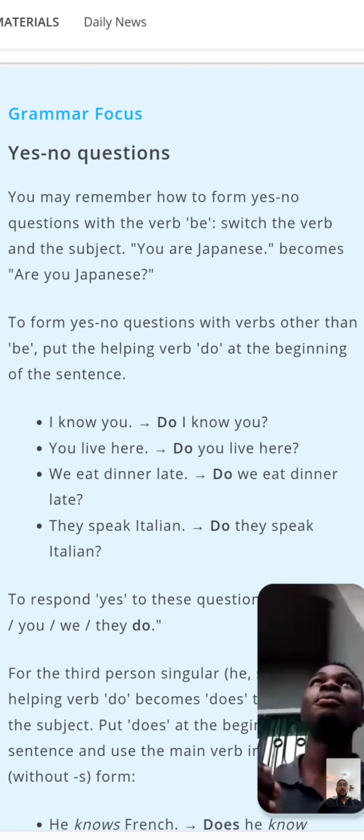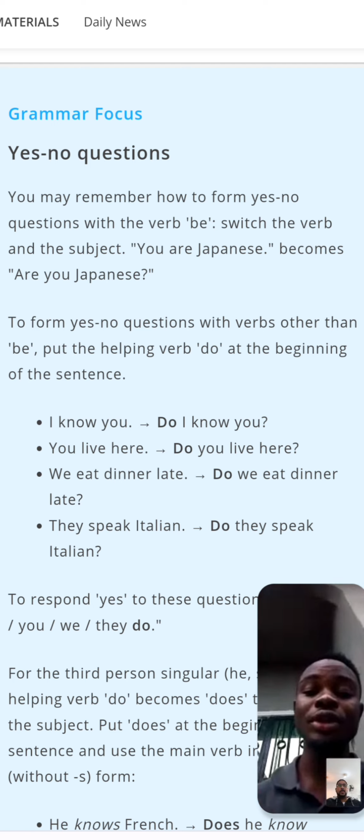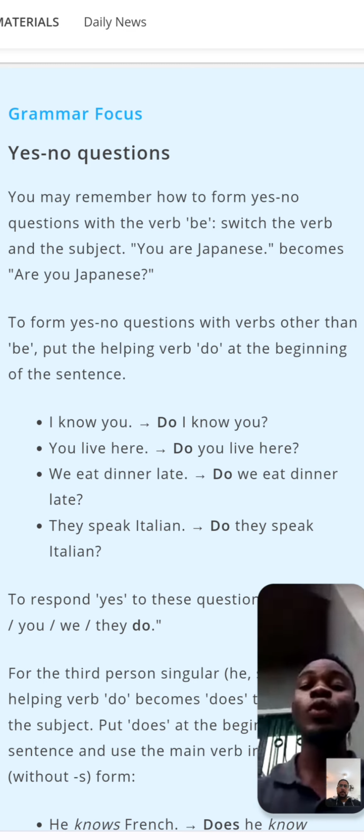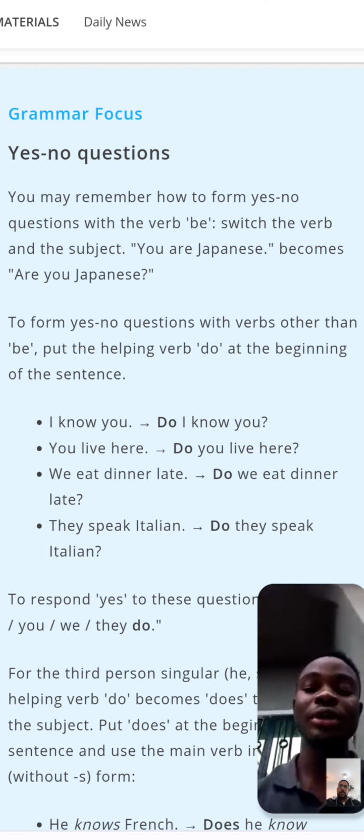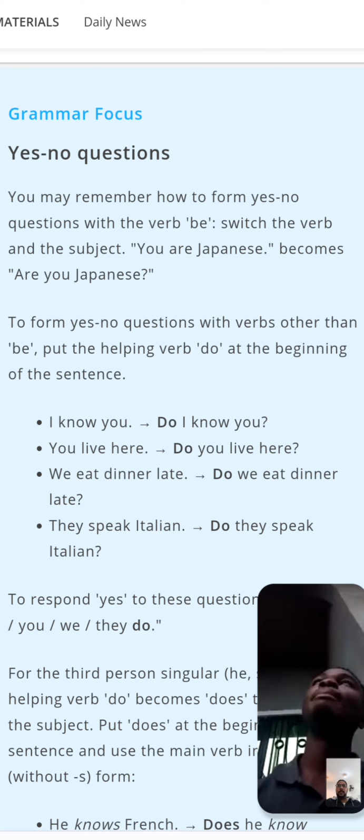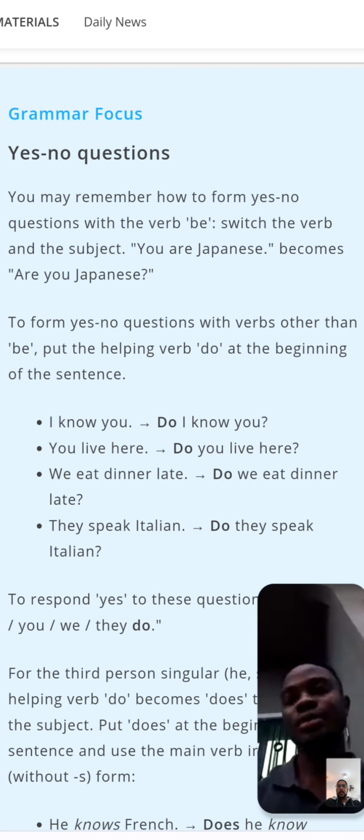We have open-ended questions, which are those questions that we ask using question words like what, when, where, how, which allow a person not just to answer yes or no, but to answer with elaboration, to give further details or explanations.